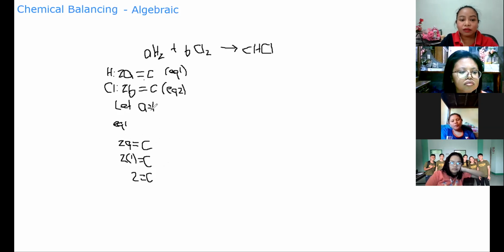Now, we have the value of A and C. We lack the value of B, and the only other equation is equation 2. So let's use equation 2 to solve for B. 2B is equal to C. Based on equation 1, C is equal to 2, so we substitute 2 for C in equation 2.